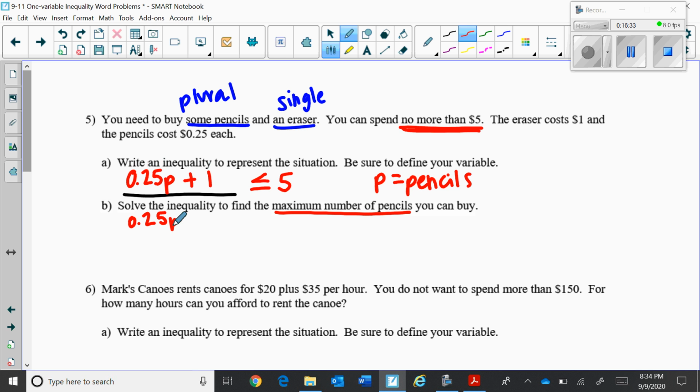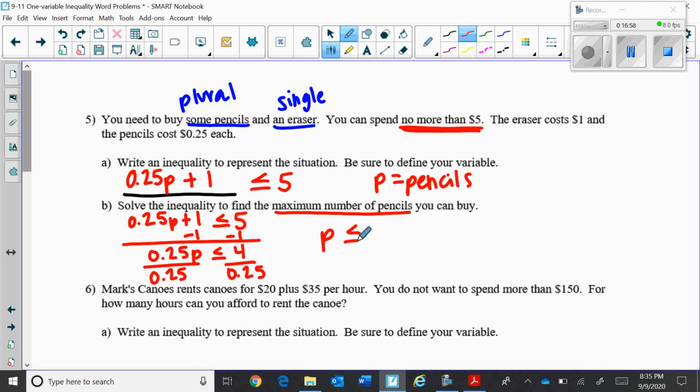So 0.25p plus 1 is less than or equal to 5. Subtract 1 from both sides. So 0.25p is less than or equal to 4. Divide by 0.25 on both sides. So you're left with p is less than or equal to 16. All right, so our maximum number of pencils would be 16 pencils.